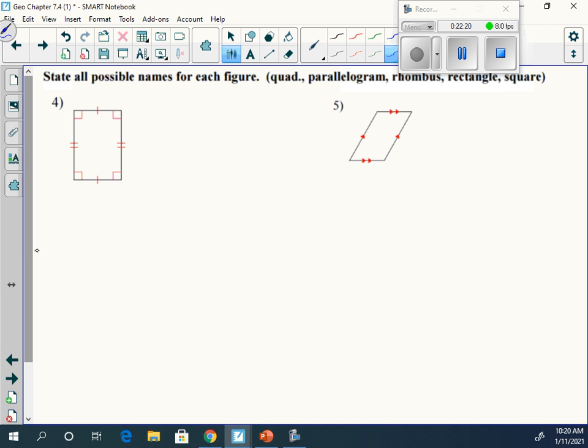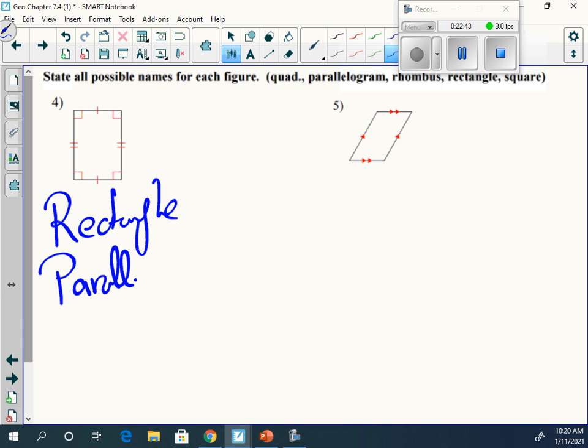So number 4. Well, we know it's a rectangle because it has what? 4 right angles, yes? Well, since it's a rectangle, it means it's a parallelogram.